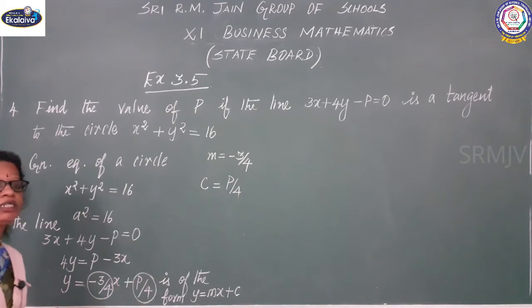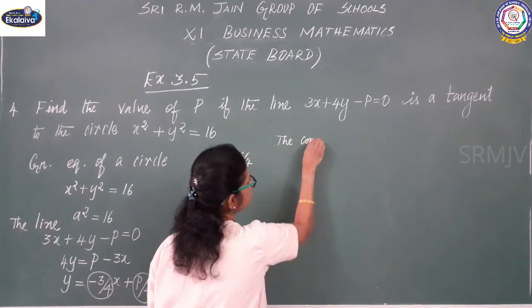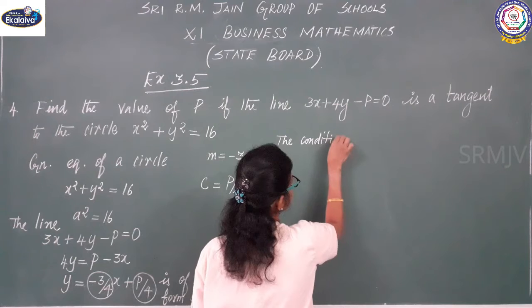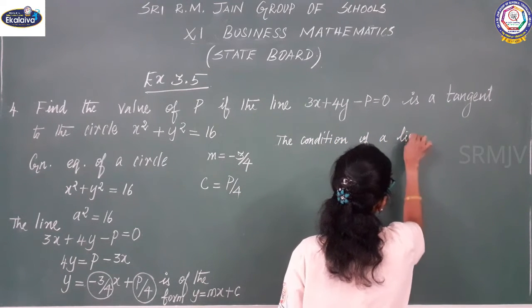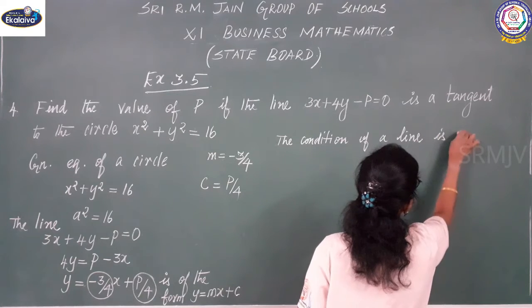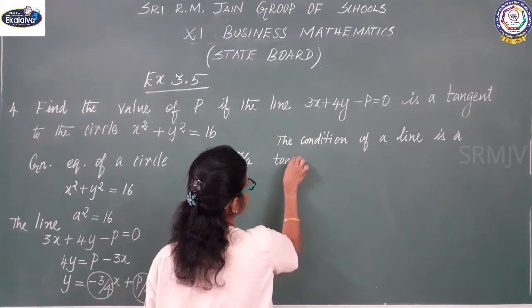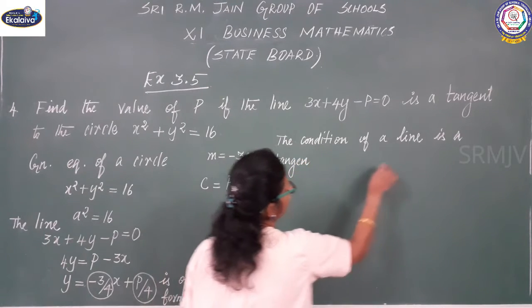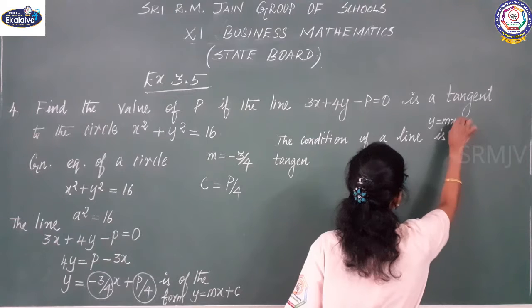I said the condition of a line to be a tangent to the circle. The line is nothing but y is equal to mx plus c.